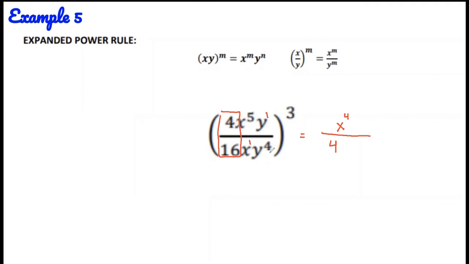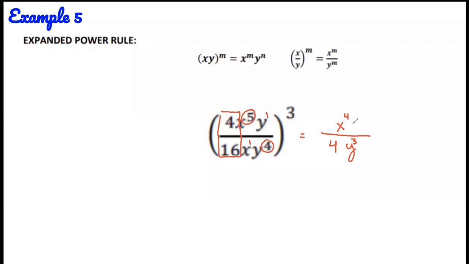I subtract these two, I get 3. However, y to the power of 4 is greater, so I leave y to the power of 3 in the denominator. So this is what I was trying to explain when I was doing the quotient rule. Whichever exponent is the greater number, that's where we keep our term to keep it positive, and I'll go into negative numbers right now. Okay, so here in this case, yes, we do subtract.